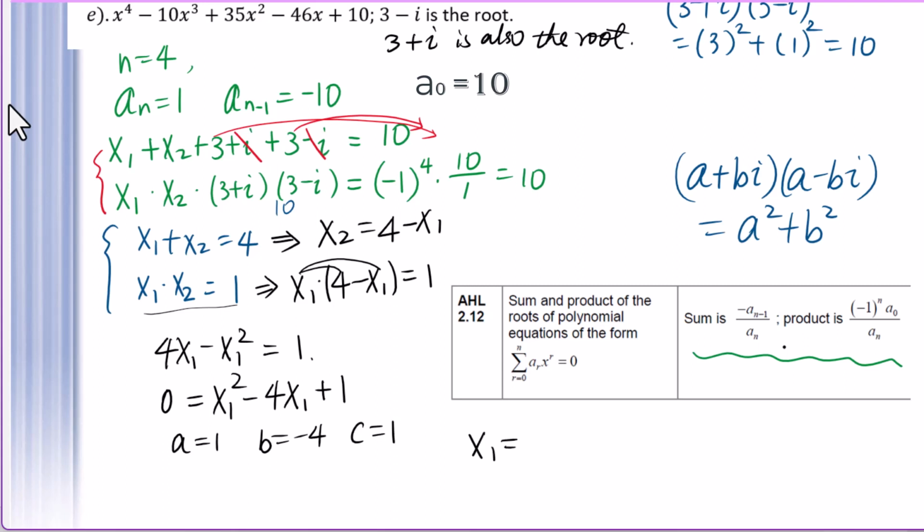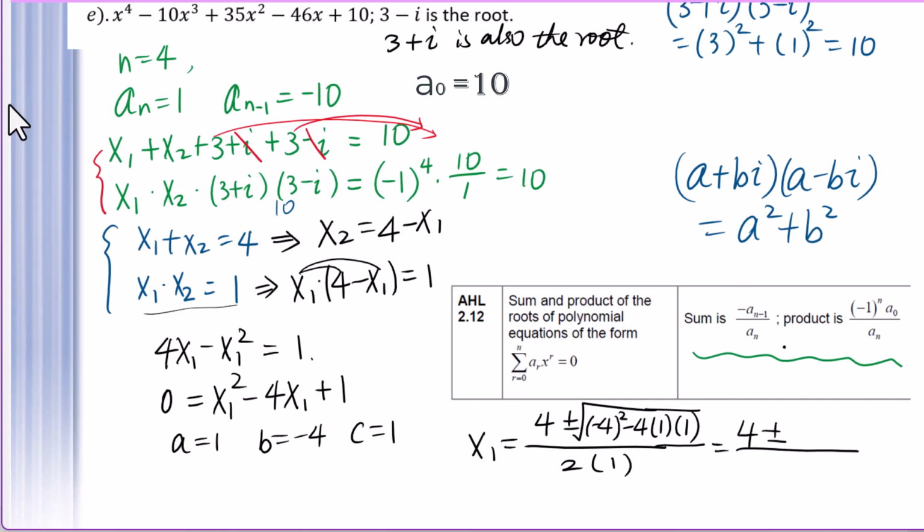So x1 equals negative b, which is 4, plus or minus the square root of negative 4 squared minus 4 times 1 times 1, over 2 times 1, equals 4 plus or minus the square root of 16 minus 4, which is 12, over 2. That is 2 square root of 3 over 2. Reduce: 2 plus or minus square root of 3.